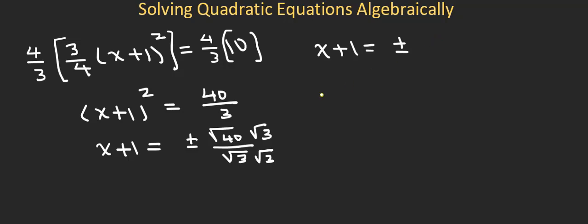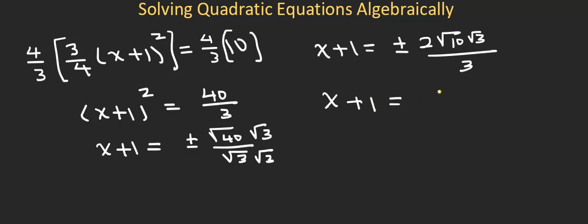So notice, radical 40 is radical 4 times 10. So 4 comes out, it becomes 2. And then radical 3 times radical 3 is 3. So you end up getting 2 radical 30 over 3, because radical 10 times radical 3 is radical 30.